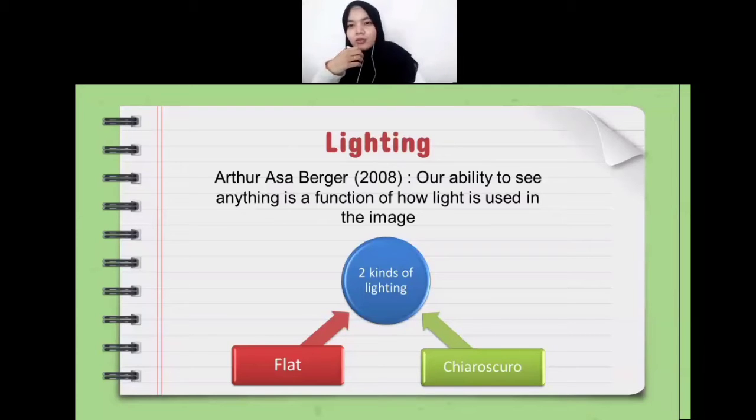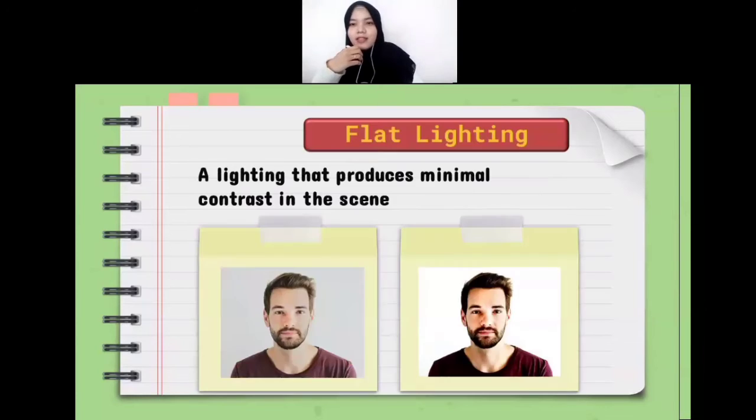Whenever we are able to see an object clearly without any problem, that is all because of lighting. Under the subtopic of lighting, there are two types: flat lighting and chiaroscuro. We'll go one by one.